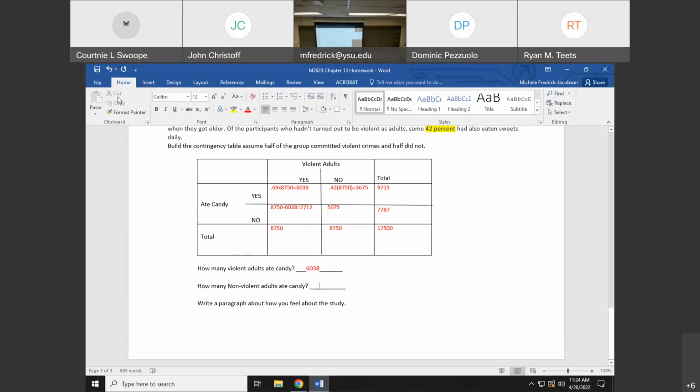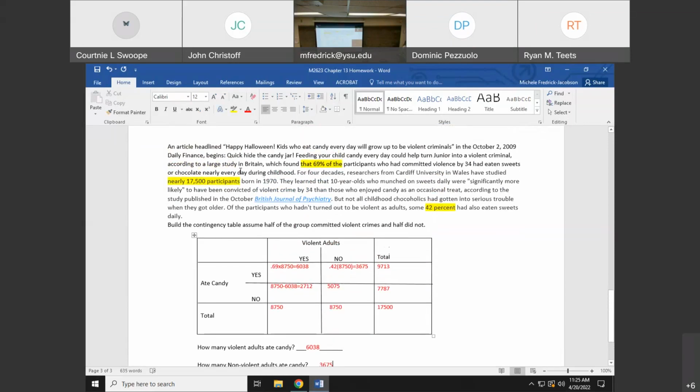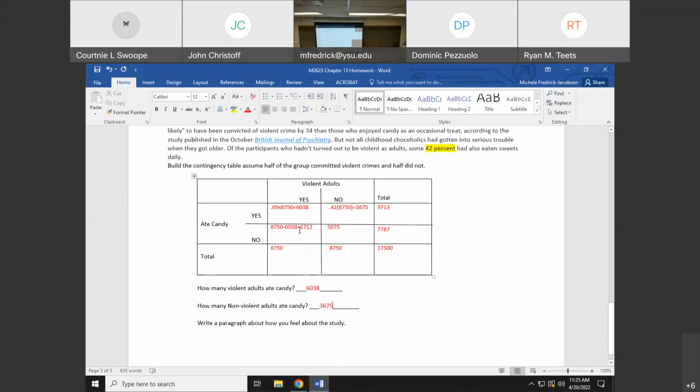Okay. Everyone agree with that? So it says 69% of violent criminals ate candy all the time. Write a paragraph about how you feel about the study. Now, you can use the percents, you can just say what you think about the study, but it's just a little paragraph about how you feel about the study.